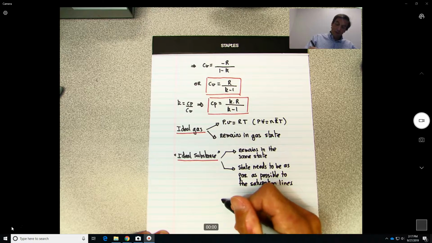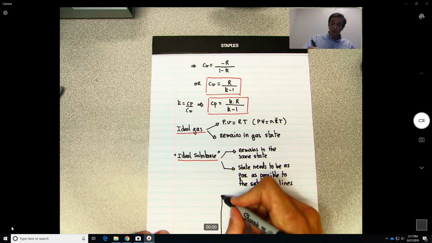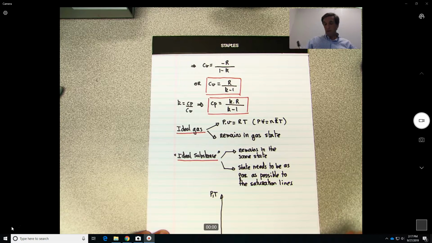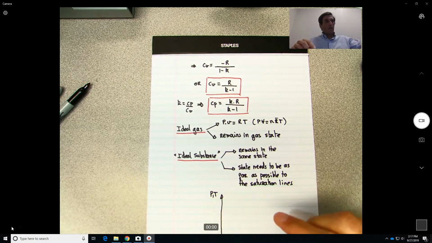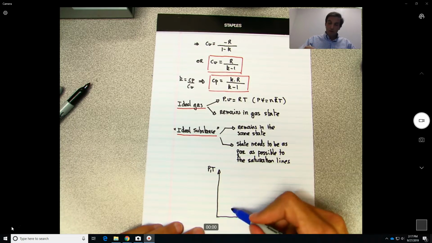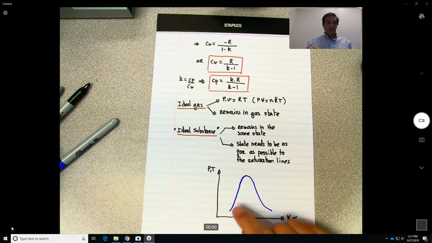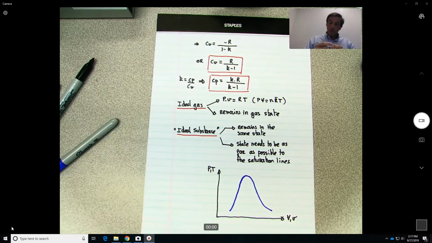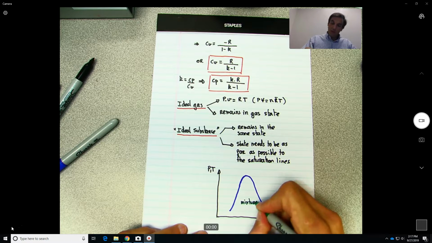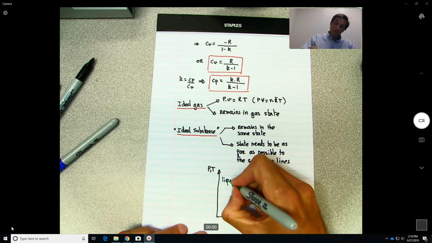That sounds very difficult, but if I do a figure, I think it will make sense. So here this could be the PT or PV diagram, and over here, remember that curve where in the middle was a mixture, so this one is not going to count. Here can be superheated gas, and here will be a liquid.